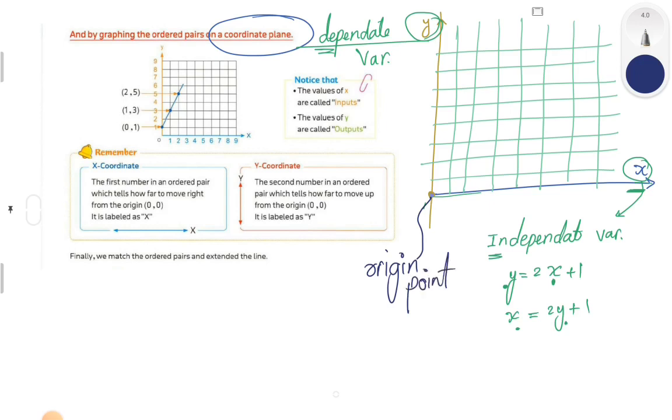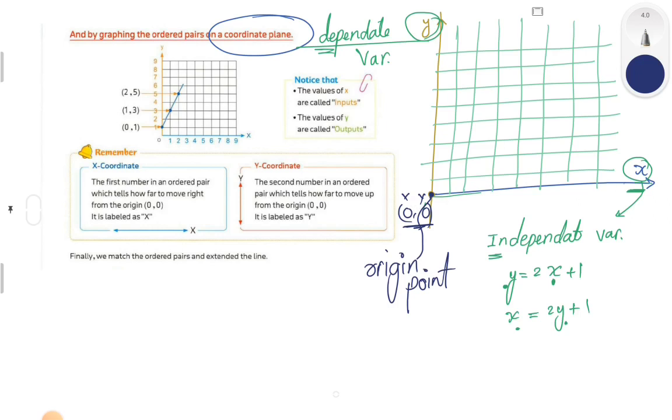That means it's equal 0 on the x-axis and also 0 on the y-axis. So this point's coordinate is 0 and 0, 0 x and 0 y.